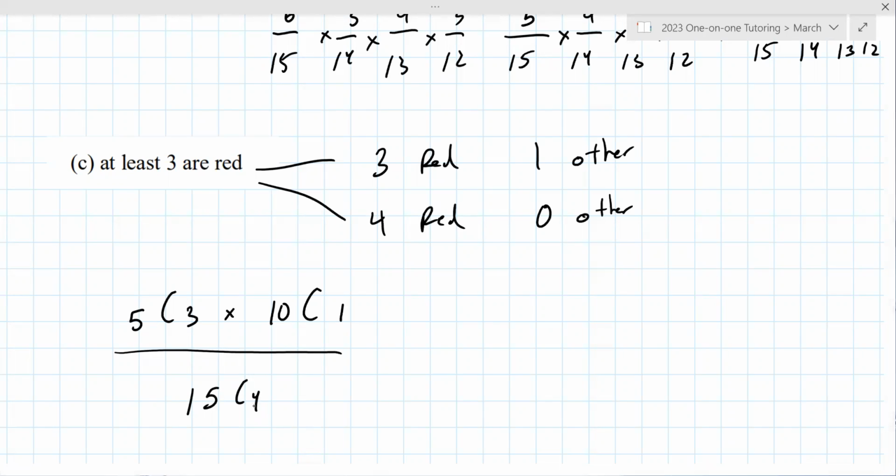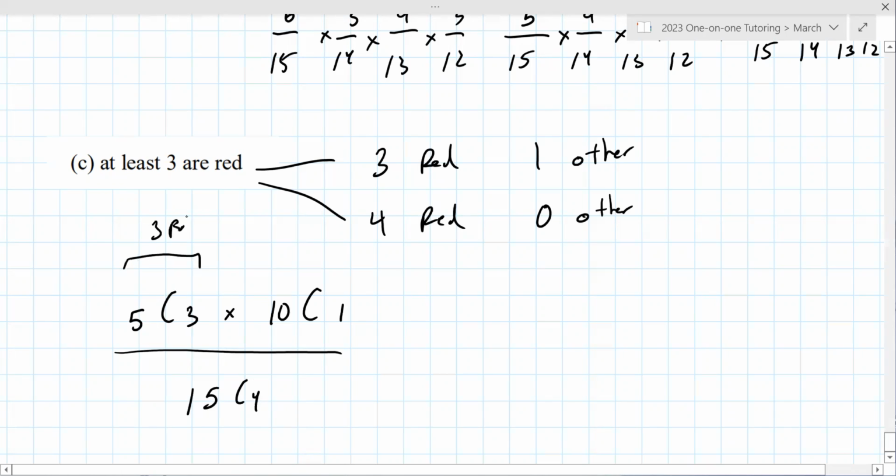A couple of things to notice here. Do you see how the 5 and the 10 add up to the 15, the 3 and the 1 add up to the 4? The one on the left is the 3 reds, and this is the 1 other, and the combinations take into account the order, so you don't have to worry about that.